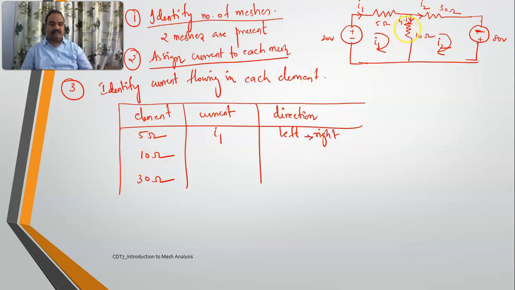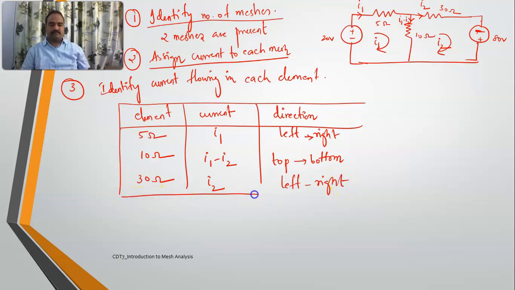And coming to 10 ohms resistor, the current flowing is I1 minus I2. And see what is the direction of current, from top to bottom. And for third resistor, it is 30 ohms resistor, the current is I2, right? So it is also going from left to right. This will help you a lot in your initial stages, okay?